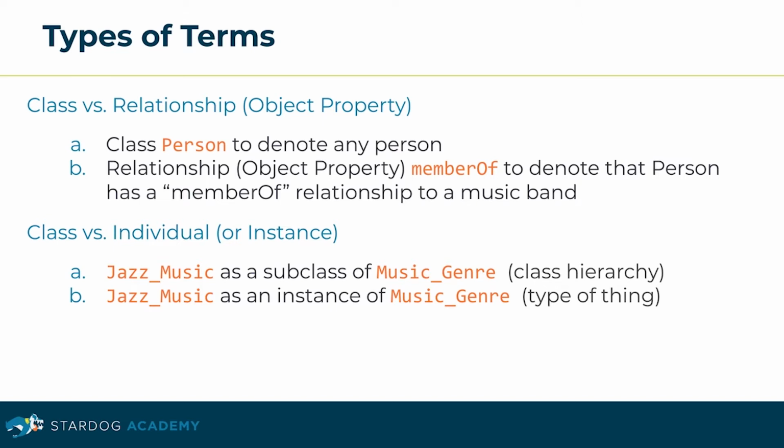Based on the context, we could have Jazz Music defined as a class and being a subclass of Music Genre, where in this case we talk about the class hierarchy. Well, in the context of Jazz Music being a type of thing, then we would say Jazz Music is an instance of Music Genre.